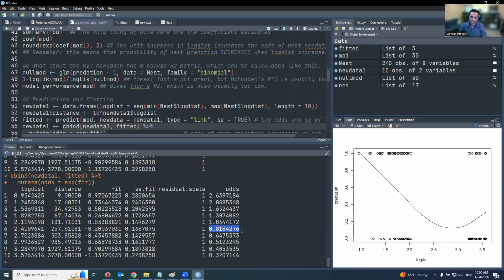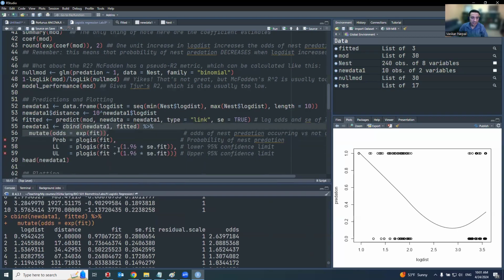And below that, the probability of predation occurring is less than the probability of predation not occurring. So the predation is not as likely. And as the distance increases, it becomes less and less likely. Predation becomes less likely as we go from top to bottom.